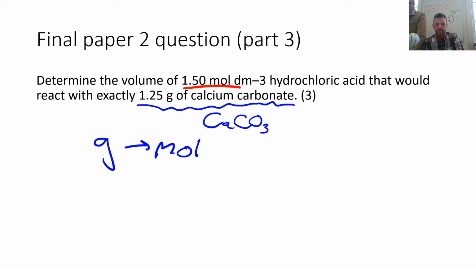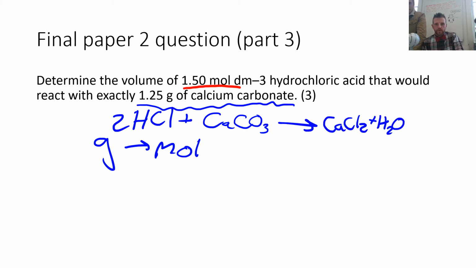I'm going to rewrite the balanced equation that we had before. HCl, we had two of these guys, and we go to CaCl2 plus H2O plus CO2.